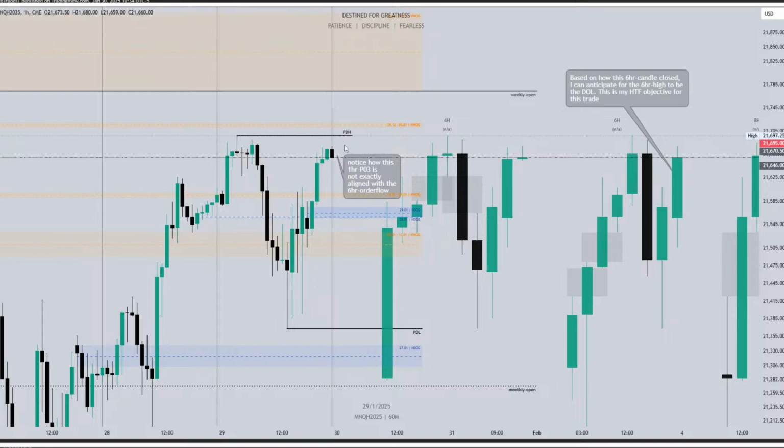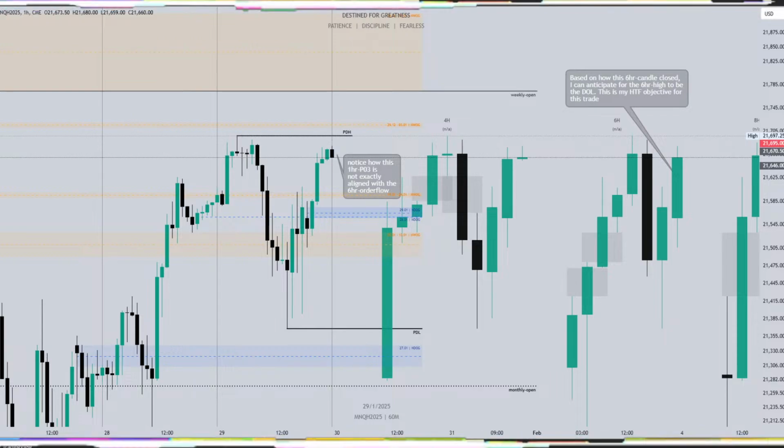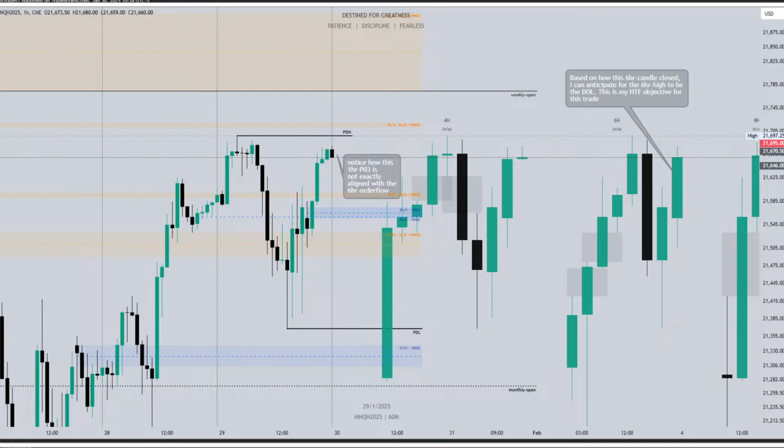Based on how we closed here on this hourly candle, I can anticipate for us to take out the previous hourly low and possibly rebalance into this inefficiency here. So is the hourly time frame, which is bearish, in alignment with the 6-hour time frame, which is bullish? No, it's not. There's no alignment, right? One time frame is suggesting lower while the other is suggesting higher. So there's no alignment here.